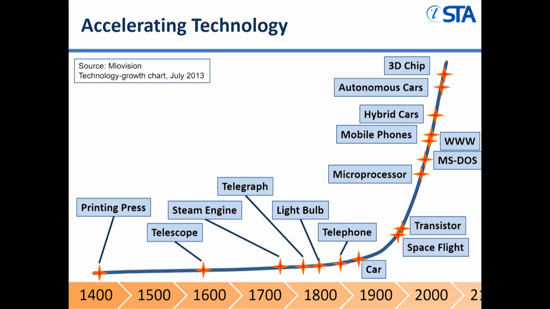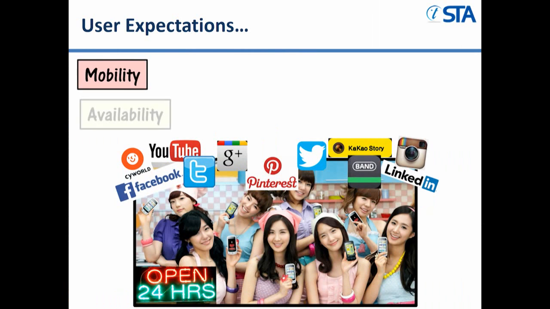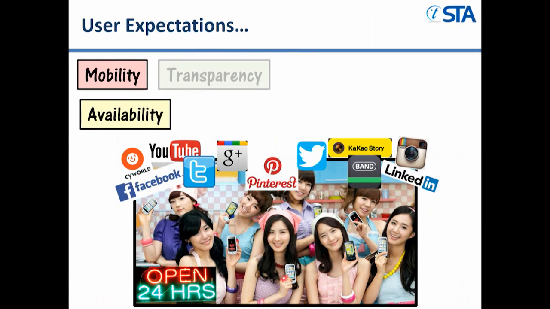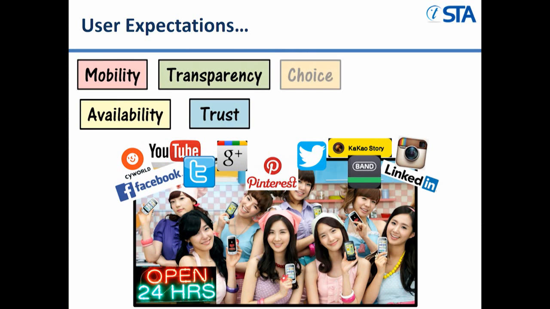So we've got cyber-physical systems coming along, lots of new technology, and the rate of change of technology is getting faster and faster. We have another problem as well. And our other problem are the users. If we were to go back 30 or 40 years, our users were nice, compliant users.